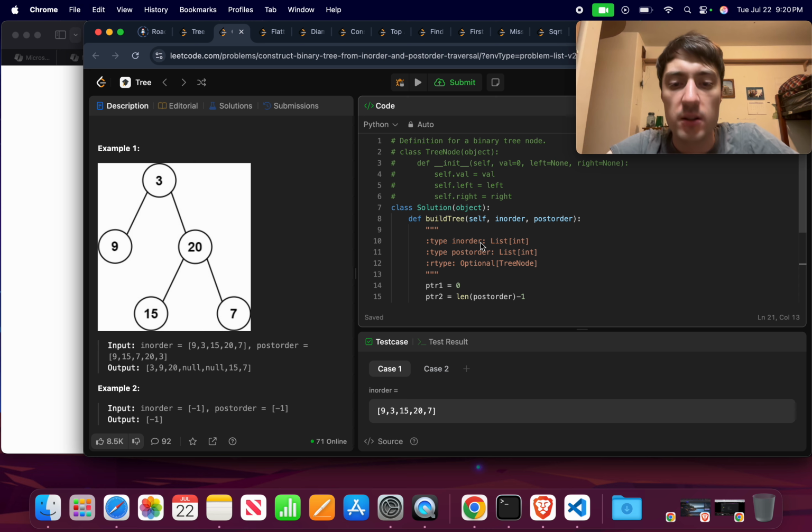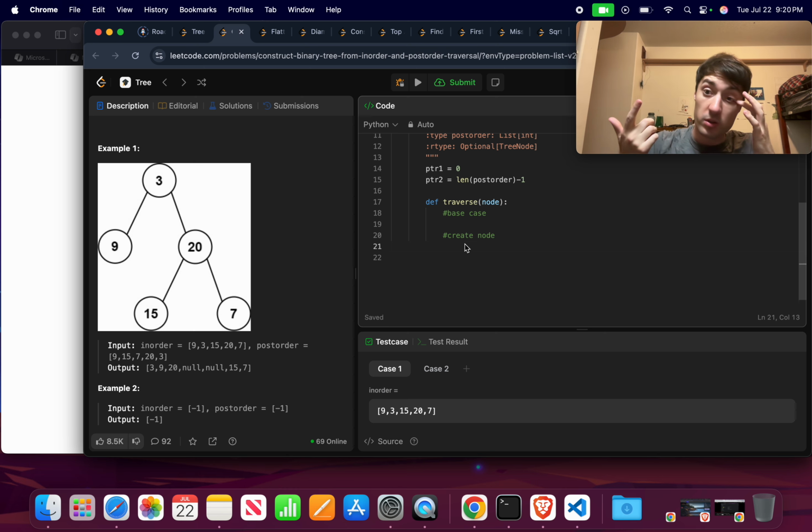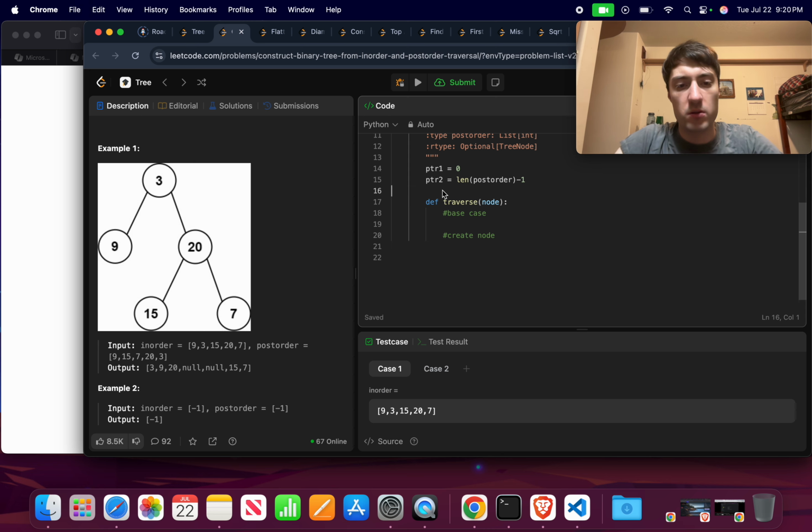I don't know. I passed in a node there. Do I want to create the node here, right? Maybe I don't use recursion though. The other one I used like a while loop.